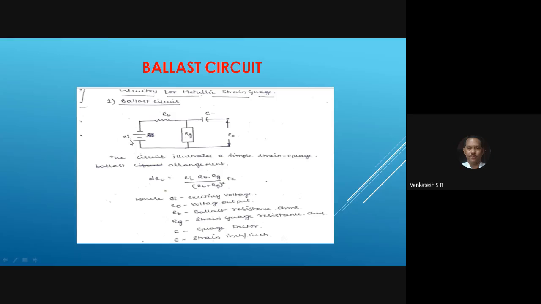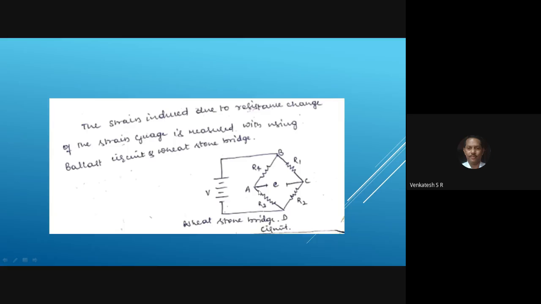This is the excited voltage, usually 12 volts, and RB is the ballast resistance, C is the capacitor, E is the excited voltage, and RG is the gauge resistance, the strain gauge resistance. You can calculate the output voltage by delta E0 equals E into RB into RG divided by (RB plus RG) whole square, into F, the gauge factor, into epsilon, the strain. All of you observe here.